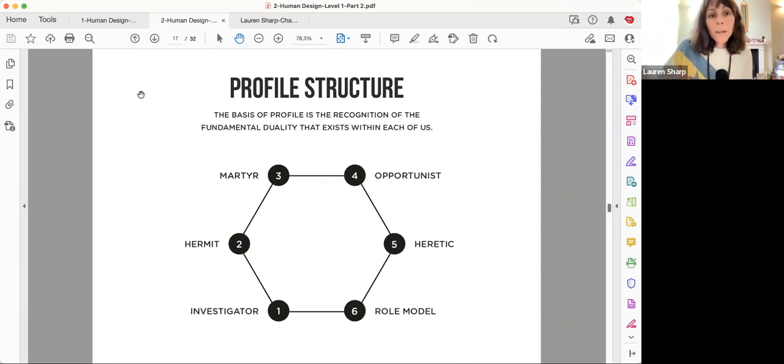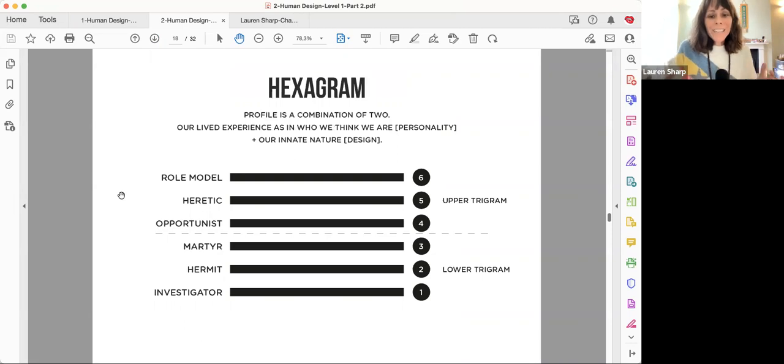And then the 3 comes out, right? I'm going to change the slide here. The 3 comes out, and the 3 is like, I feel like I want to experiment with this. I want to bring it out. I want to talk about it. I want to try. I want to see how it works. And then the 4 is like, okay, now I've seen how it works. Let me reflect on that. Let me share this with others.